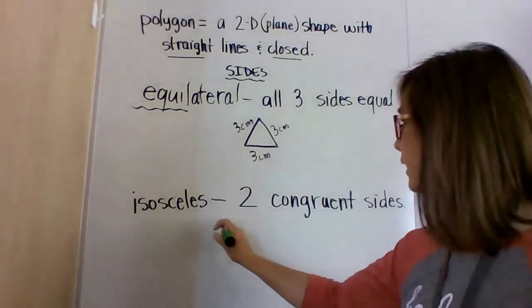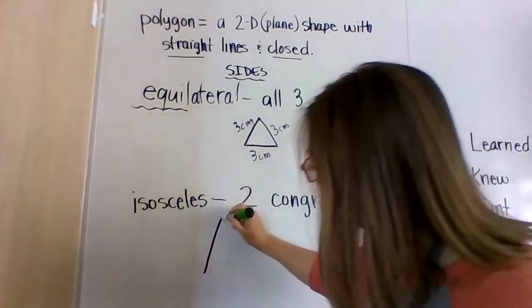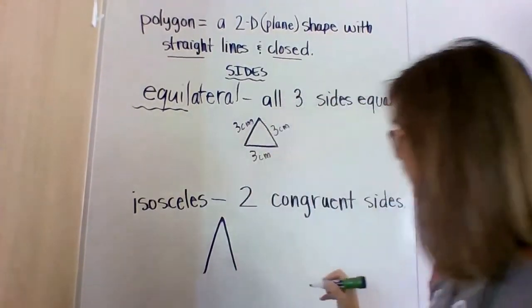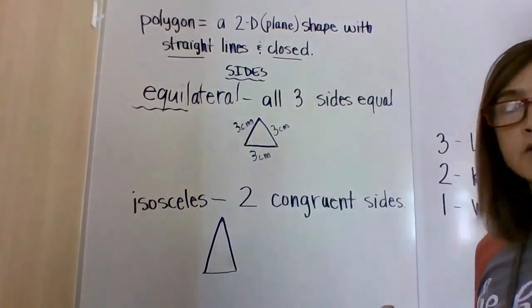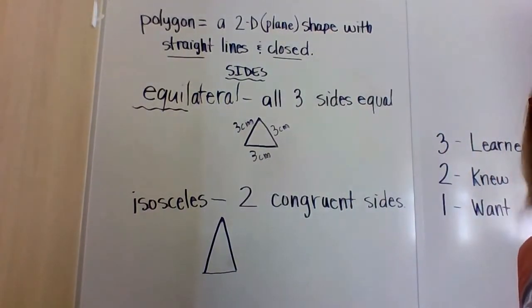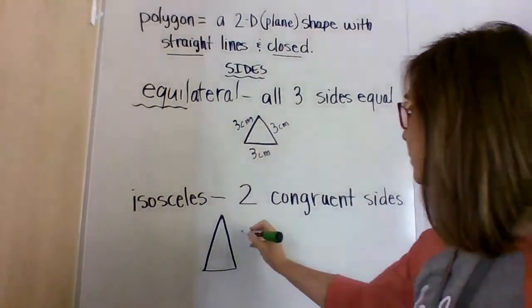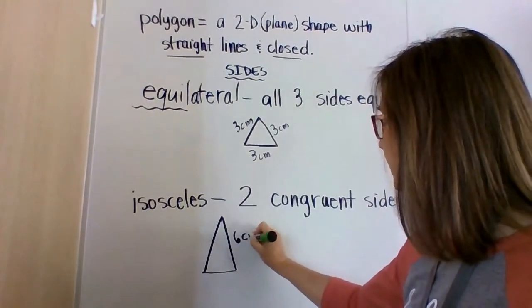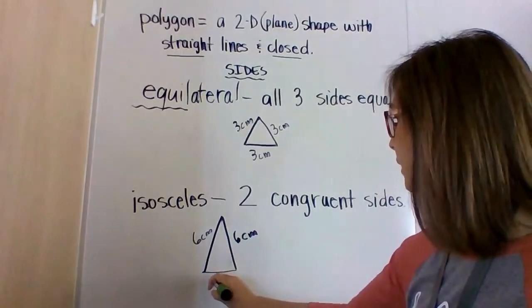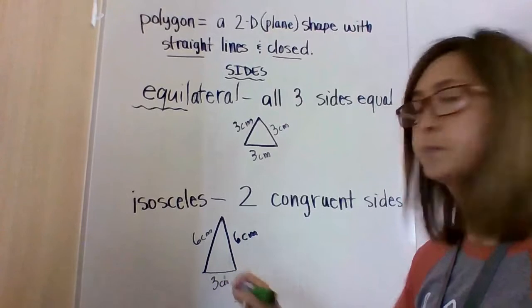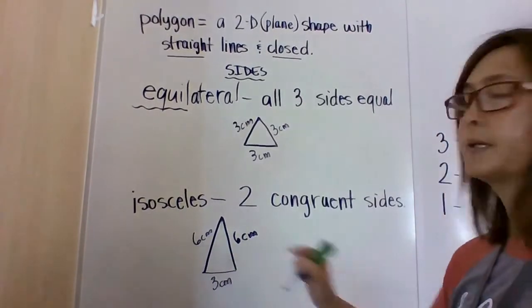It would be a triangle where you would maybe have two sides like this and one side like this. You might see it notated in different ways. You might see it with a measurement, so I might put 6 centimeters and 6 centimeters, and maybe this would be 3 centimeters. So you can see that these two are the same.